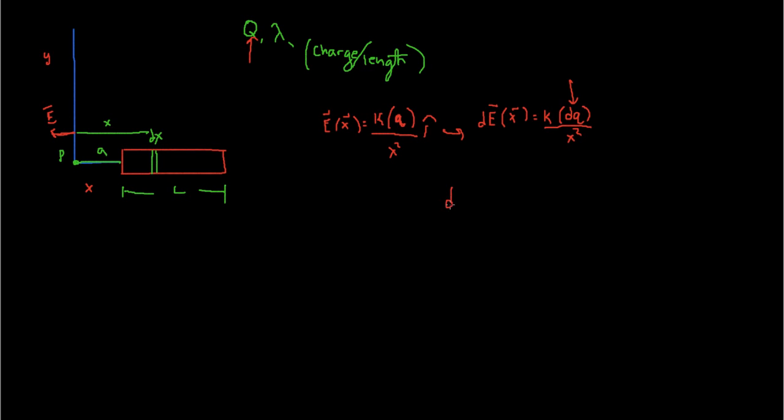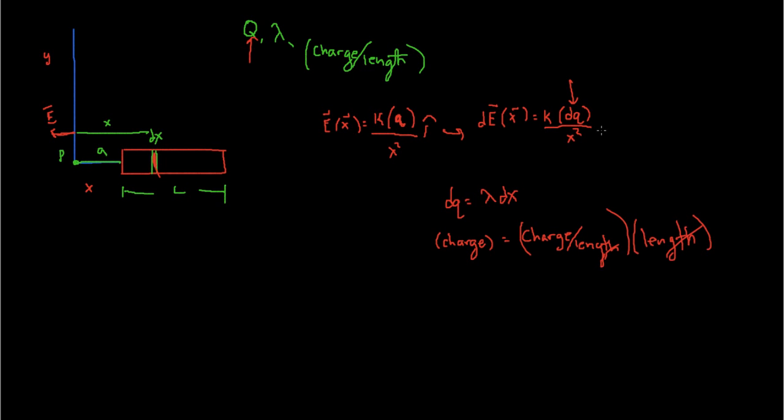So if dq, a changing charge, is our uniform charge density lambda, which is a charge per unit length, multiplied by our changing length, dx, the infinitely small changing length we defined right here, we can substitute that in for dq because the lengths cancel and because it's uniform.